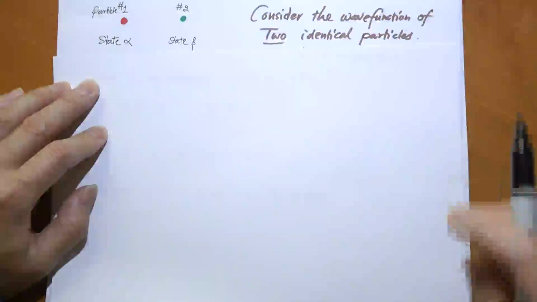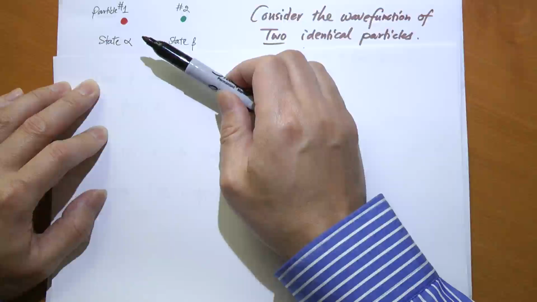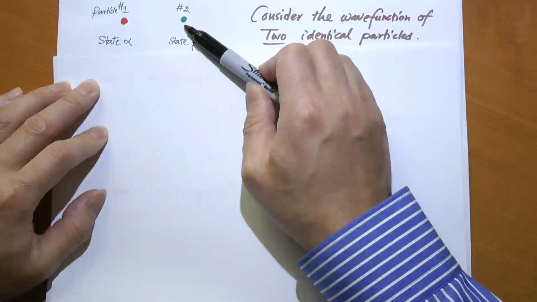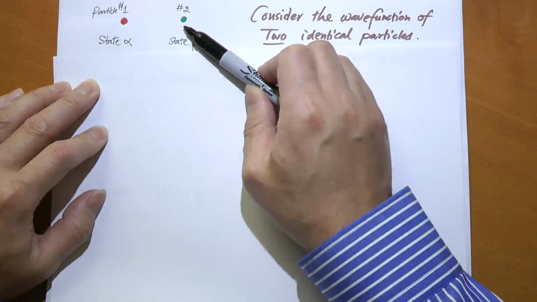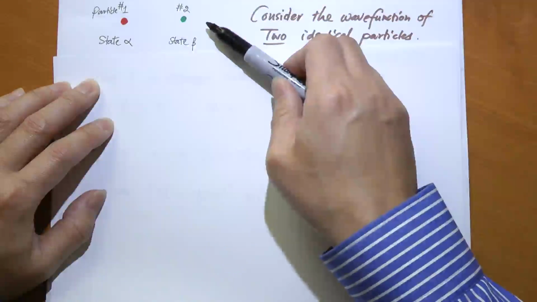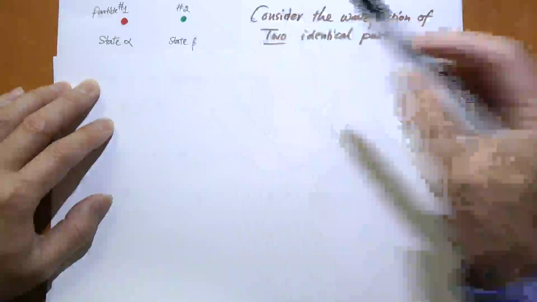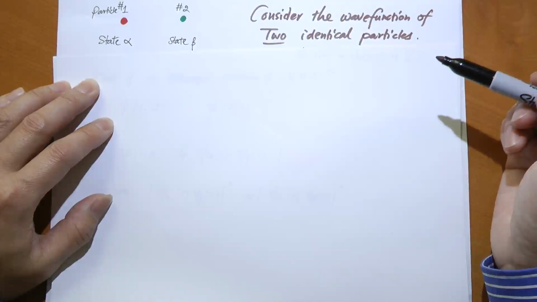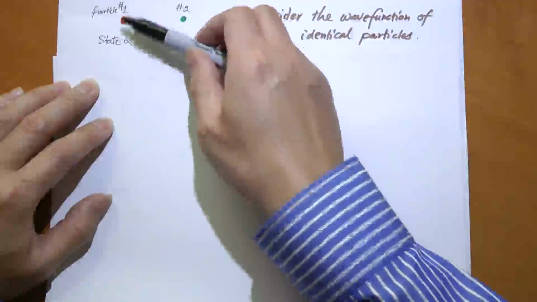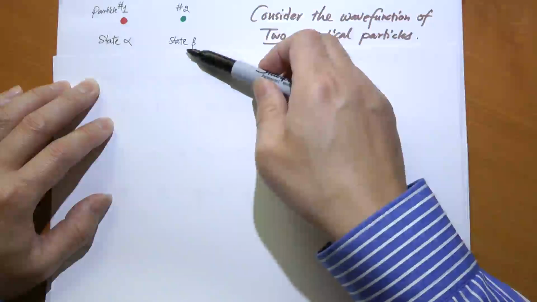And they're identical particles. Now, if I do not consider the fact that they're indistinguishable, I still consider them as distinguishable. So here's a red electron, here's a green electron. I can follow them, so I will never mix them up. I know which one this is, which one that is. Then how would I write down the probability that particle 1 is in state alpha, and at the same time particle 2 is in state beta?